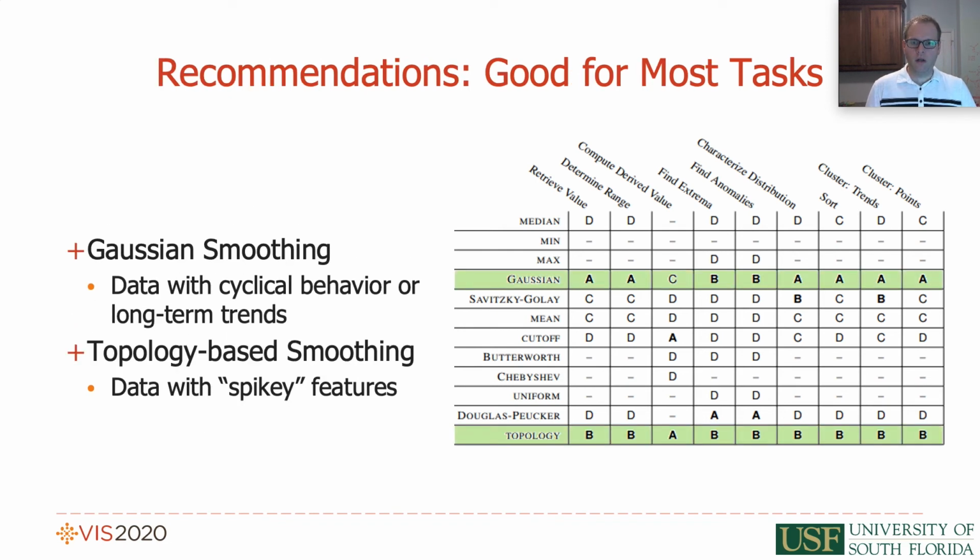In terms of overall good performers, we found that Gaussian smoothing performed admirably for data, in particular with long-term or cyclical trends, while the topology-based method performed particularly well on data with spiky features across all tasks. Nevertheless, either of these methods, in general, is a good default choice.